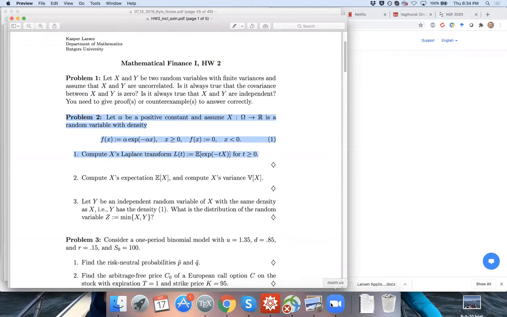Professor, I did not know how to proceed with the first part. I don't know what Laplace transform really is. It's this one. Let me switch it over.